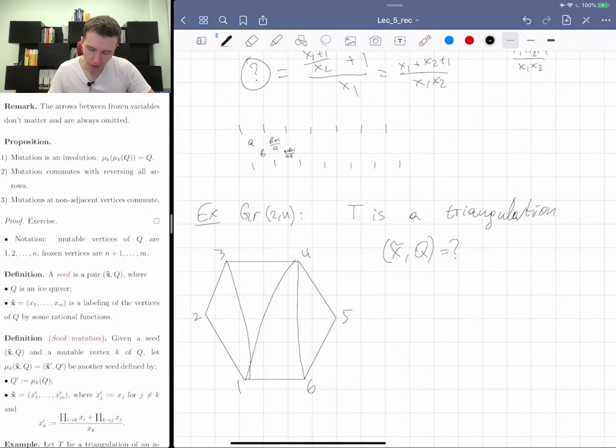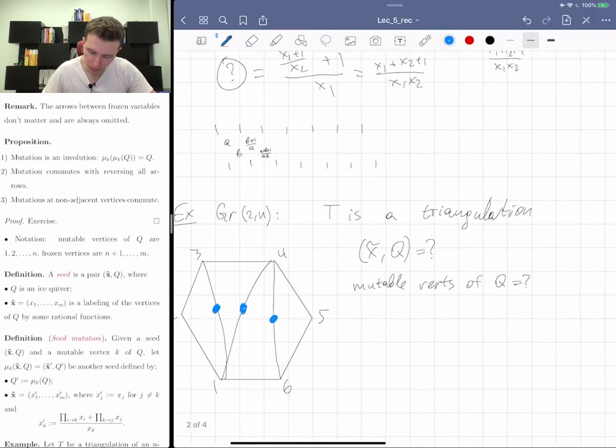So the first question is, what are the mutable vertices of Q? Well, we're allowed to flip these diagonals, so every diagonal is supposed to give me a vertex of Q. The answer is diagonals.